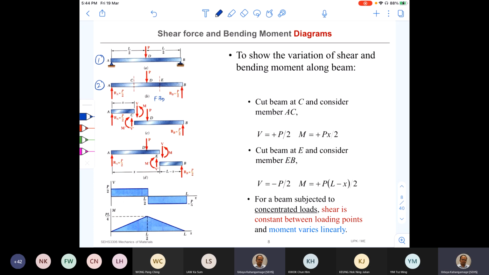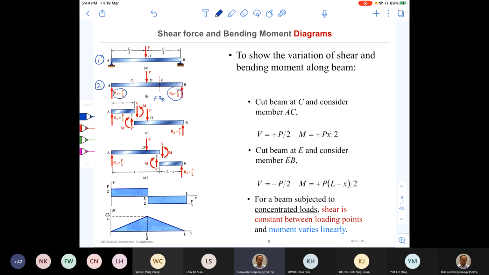Since the load is right at the middle, support A and B equally share the load. Therefore, RA is equal to P by 2. RB is equal to P by 2, same. So now I don't need to really write my equation of equilibrium to find out the reaction forces because it is very obvious.